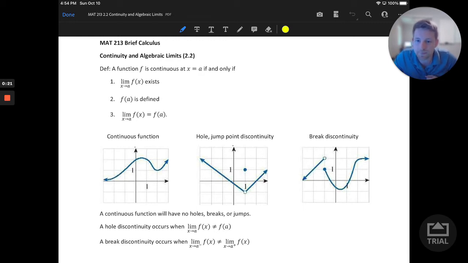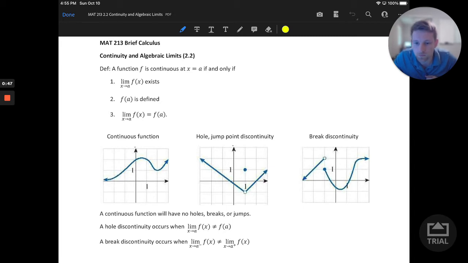So the definition says a function f is continuous at x equals a if and only if three things are true. The first thing is the limit as x goes to a of f of x exists. So the two-sided limit must exist. F of a is defined, that's number 2.